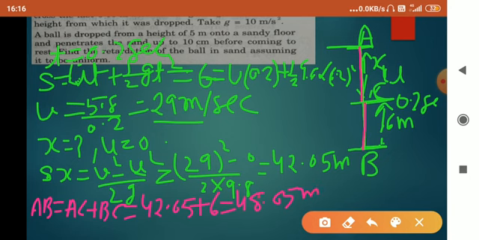So this is the height, 48.05, from which the ball was dropped. I hope this is clear to you.